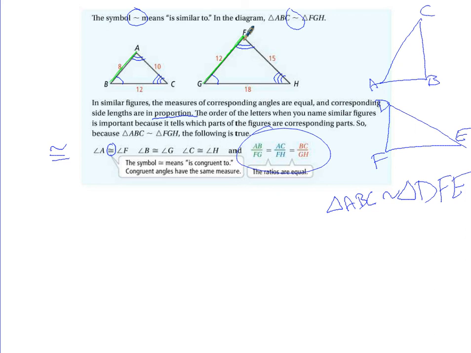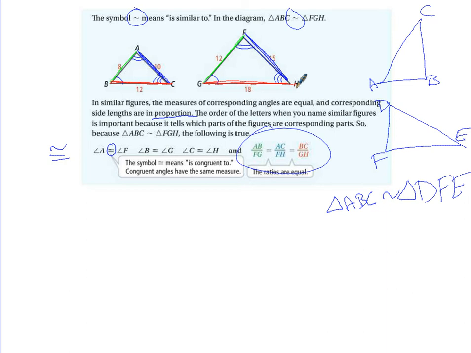They are in proportion. The next one we have is the blue one, AC over FH. So AC is here, and then FH is here. Those are corresponding sides, which means they are in proportion. And finally, we have in red the BC over GH. So that's that guy right there and that guy right there. Those sides are in proportion.